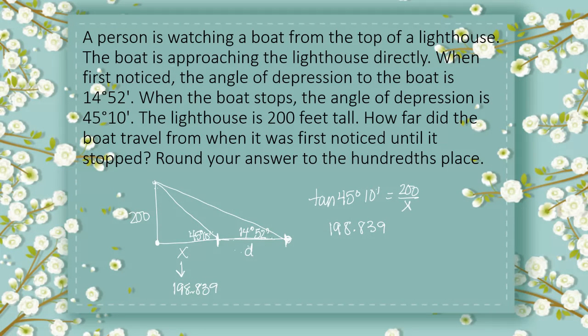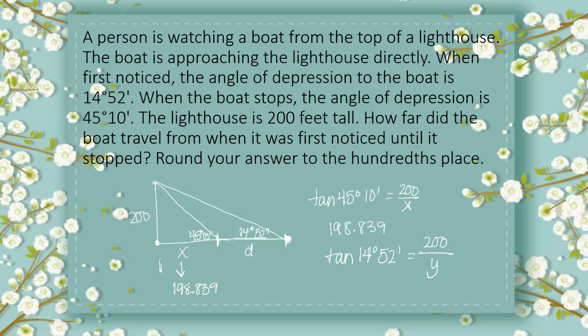So let's say the distance from the corner to the corner is 500. I subtract 198 and I get 300 something, okay? So I'm going to set up another one. This time I'm going to do tangent of 14°52'. And that's going to be equal to 200 over, and I'm going to call it y.